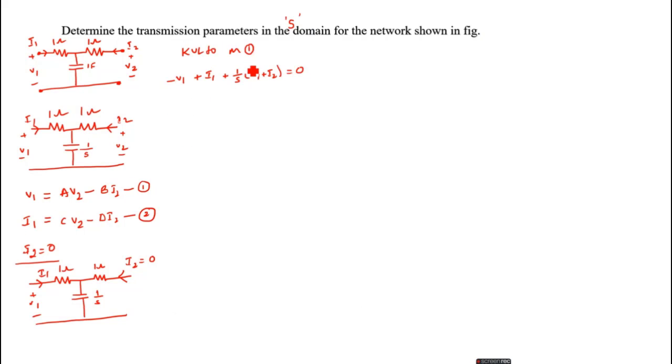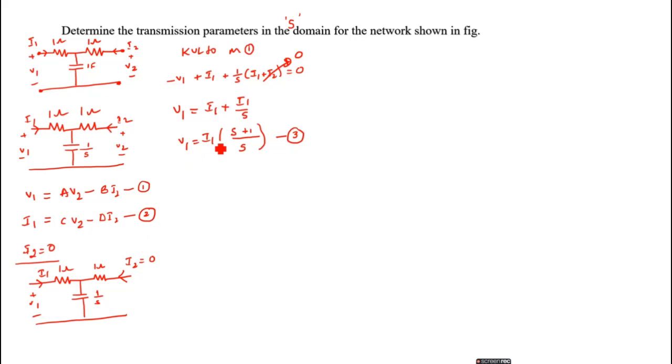Alright. But we have assumed I2 as 0, do simplify it. V1 equals I1 plus I1 divided by S. Take I1 as a common, take S as LCM, so that we will get S plus 1. Call this as equation number 3.